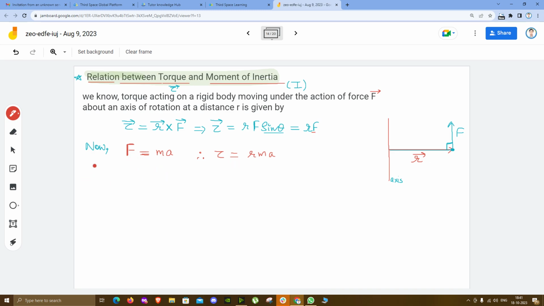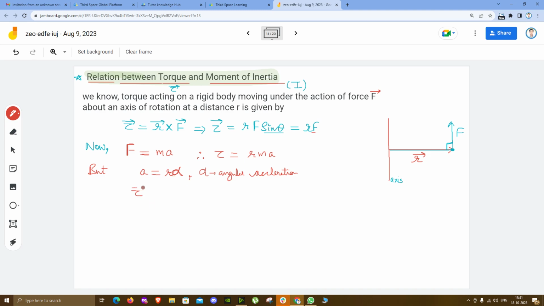But in rotational motion, we know that a is also equal to r alpha, where alpha is the angular acceleration and a is the linear acceleration. Now we have the value of a, we will put it in tau again.